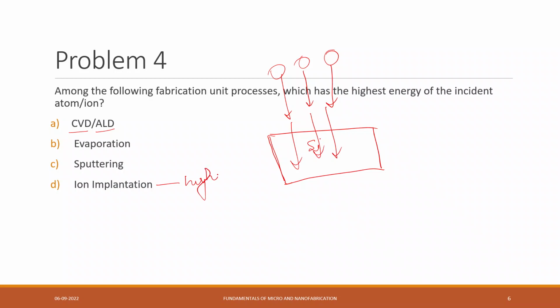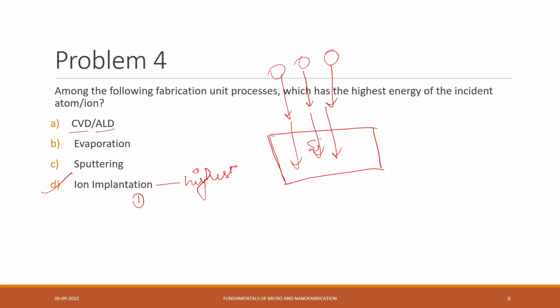So essentially this is the answer, and we'll discuss the others also. Then comes sputtering. In sputtering, we use electrical energy to generate plasma, and this plasma energy is then used to activate the target and ions, such that they can go and sit on the silicon substrate.